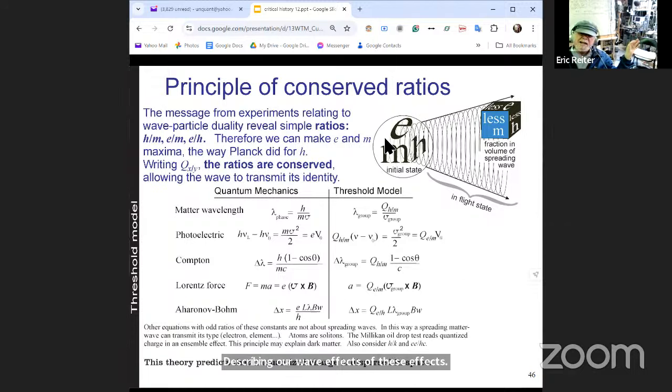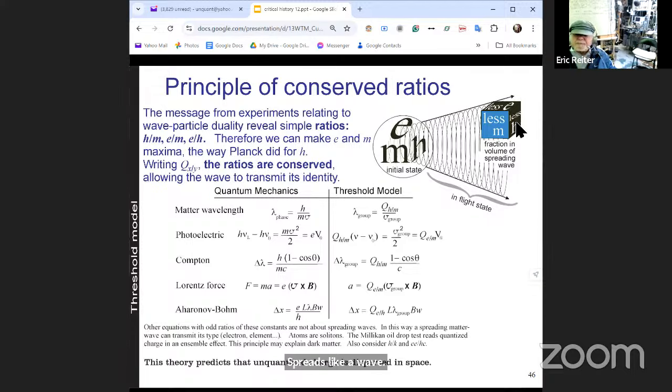So let's take the case of electron diffraction and look at a picture of what I am talking about here. Let's take an electron where there's a charge, mass, and there's an action associated with that amount of energy. It's initially like a particle, then it spreads in a discontinuous event, spreads like a wave. It smears all over the place.